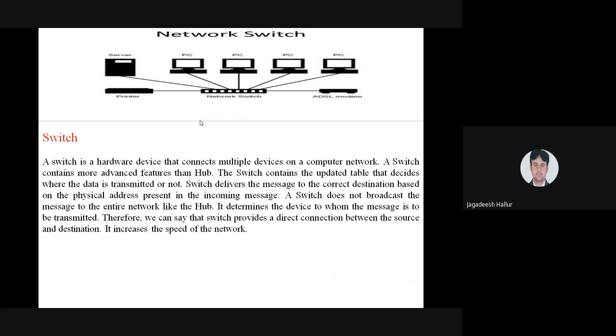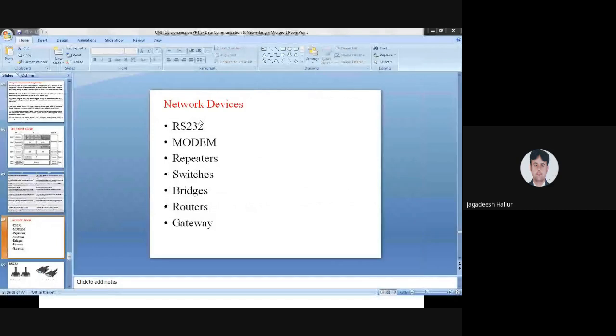Single collision domain is nothing but what? In a classroom, for example, there are 50 students. For going outside, for all the 50 students, only one door is there. So at a time, all the students can't move outside.